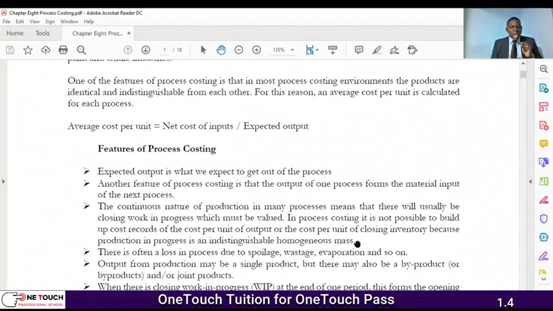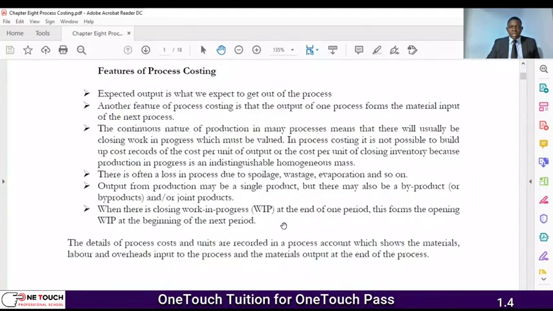Now, output from production may be a single product, but it may also be a byproduct or byproducts and or joint products. Okay, good, because there are times when the production takes place and some products may not come up as standard.